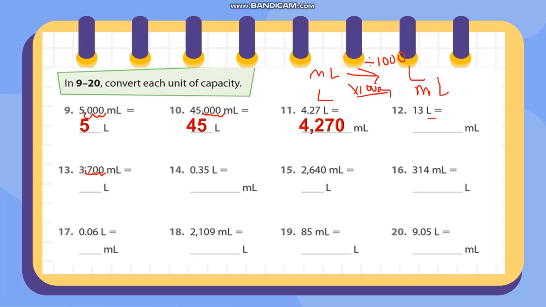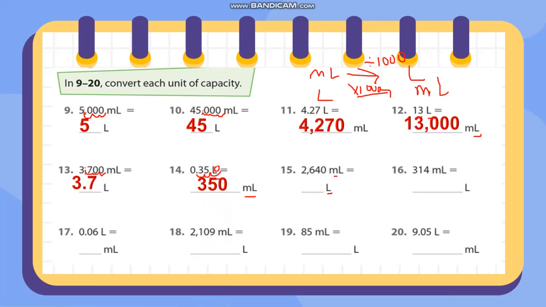Liter to milliliter multiplied by 1,000, 13 multiplied by 1,000, that is 13,000. And as I told you before, 3,700 milliliter is equivalent to 3.7 liter. Okay, liter to milliliter multiplied by 1,000 means 1, 2, 3. So I need to add 1 zero, so the answer is 350.